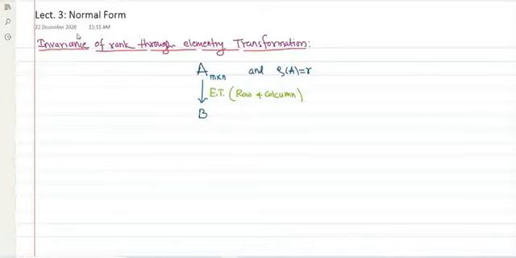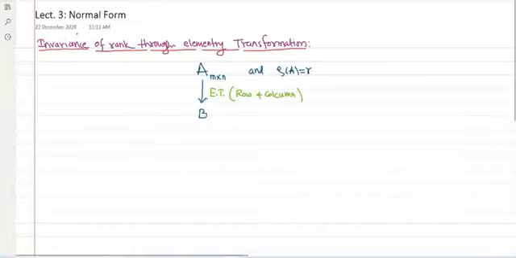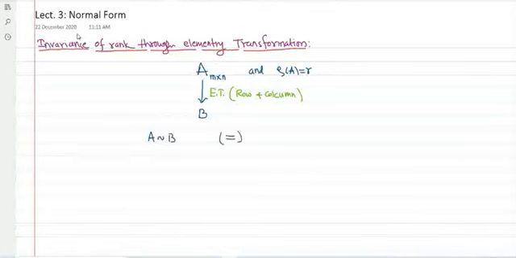By applying a sequence of elementary transformations, which may be 1, 2, 3, 4, like that, on matrix A. In that case, we write these two matrices as equivalent, using a symbol: A is equivalent to B. Don't use the equal sign. Again, I'm telling this because most of the students are using equal, but you have to use the equivalent sign.